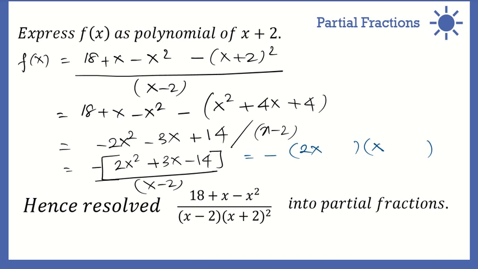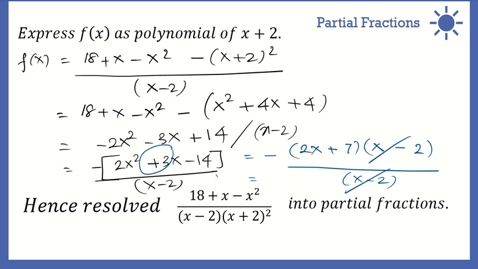We need to make minus 14 from 2 and 7, so this part should be 7 and this part should be 2, with a plus sign here and a minus sign here. Our denominator is x minus 2, so x minus 2 cancels. Therefore f(x) equals minus 2x plus 7.